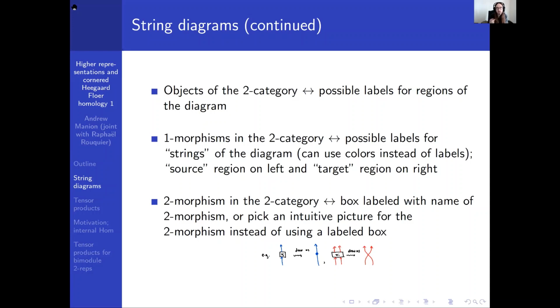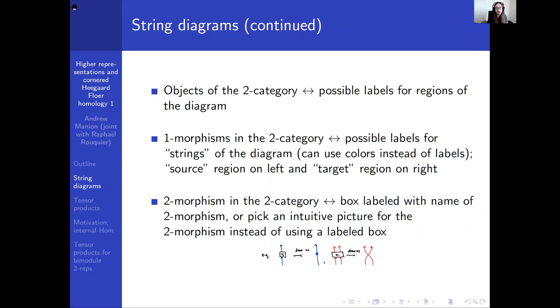I could choose a picture rather than having to draw a box with a label every time. So I could say, for instance, suppose I have a two morphism from some blue one morphism to itself, and let's say its name is xi. Well, maybe you'd prefer to draw that as just a dot rather than a box labeled with xi.